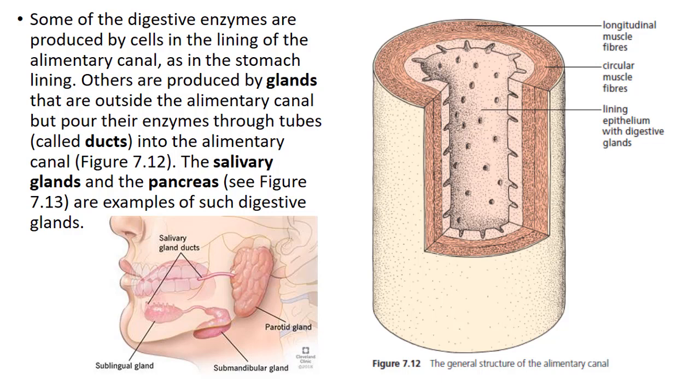You can see in the picture the lining of the alimentary canal, the muscle fibers, and the small holes which are producing those digestive juices. There are also digestive glands outside the alimentary canal, but they pour enzymes through tubes called ducts into the alimentary canal.